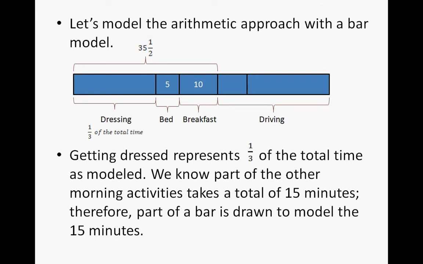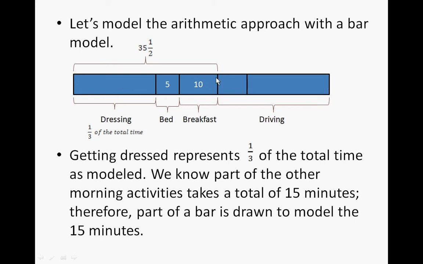So let's model this arithmetic approach with a bar model. Notice that 1/3 of the total time is spent dressing, and that's 1/3 of the total time for the whole thing. So if you mark this as the whole thing and divide it up into 3 equal parts, then this 1/3 of the time is for dressing.